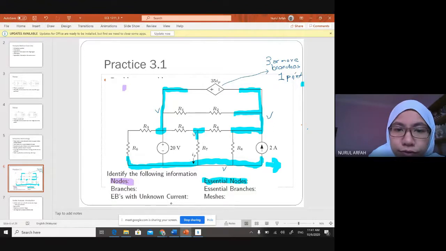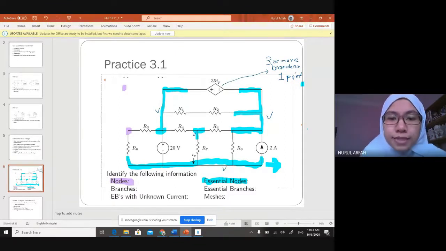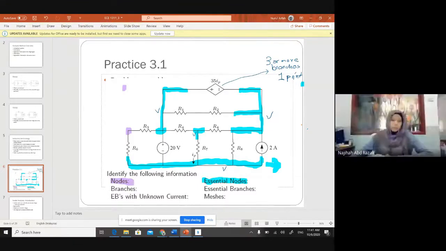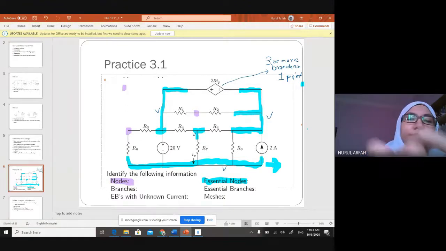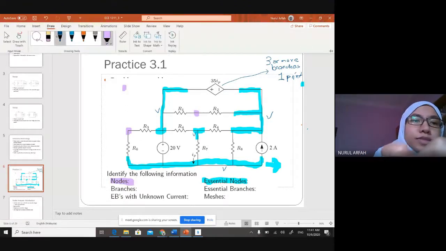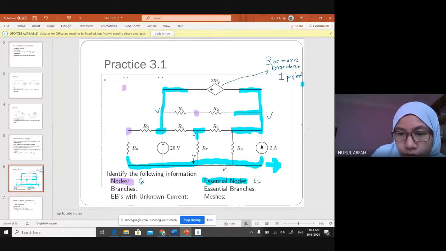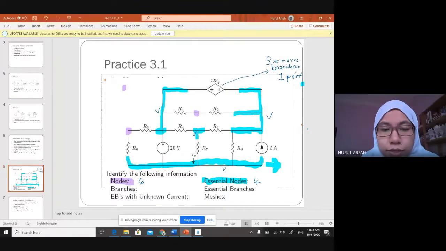Where is that one? R6 and R3, okay. And do you realize we have another one? R1 and R2. Yes, good. So we have 4 plus 2, 6. So this is 6, this is 4. And then branches. What is a branch? How many branches do we have?